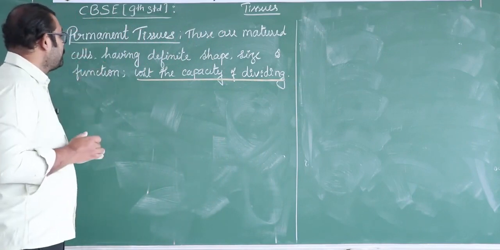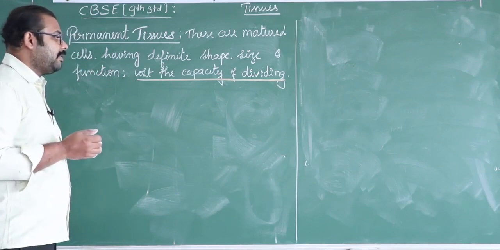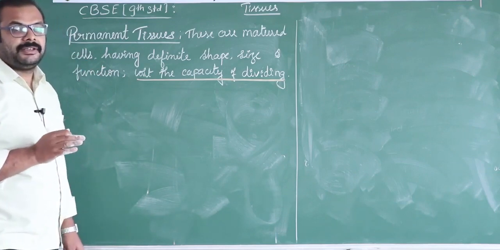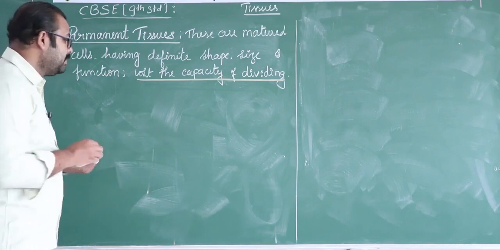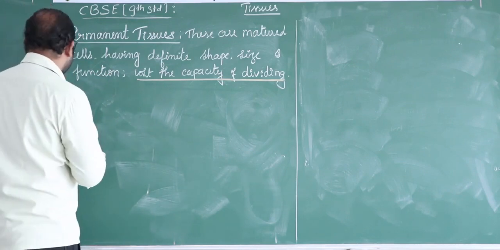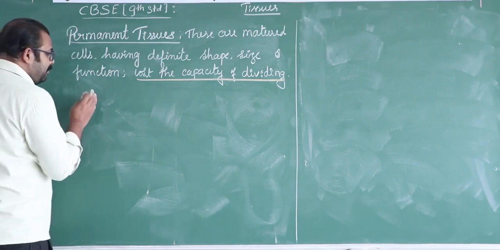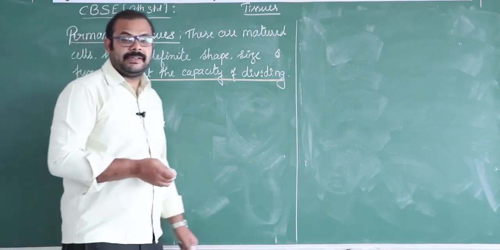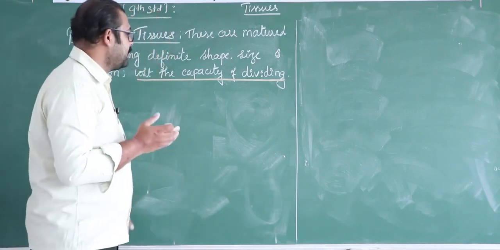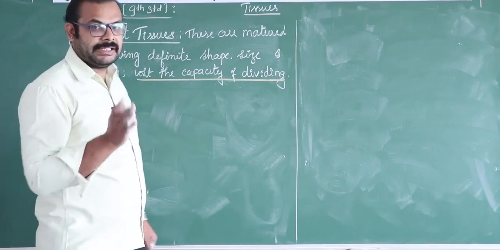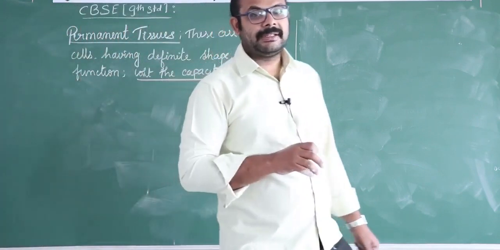So the types of tissues, let's see. As we have discussed in the classification, permanent tissue is further classified into 2 categories, simple permanent and complex permanent.